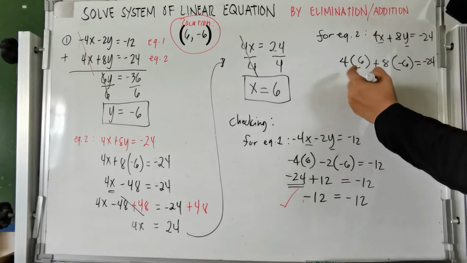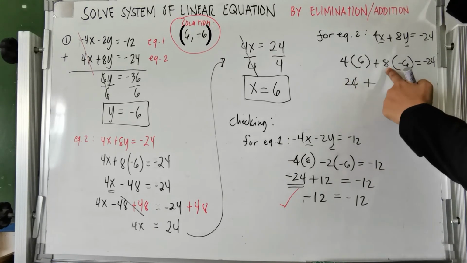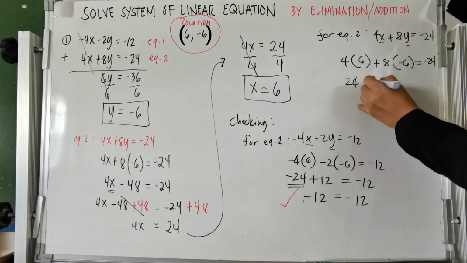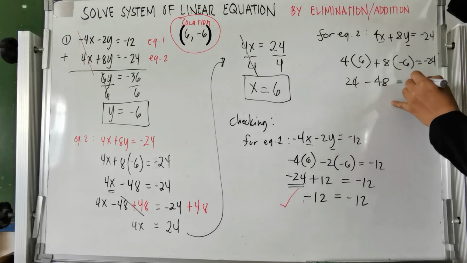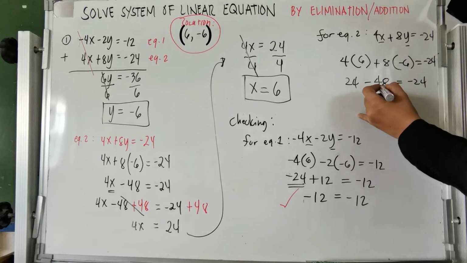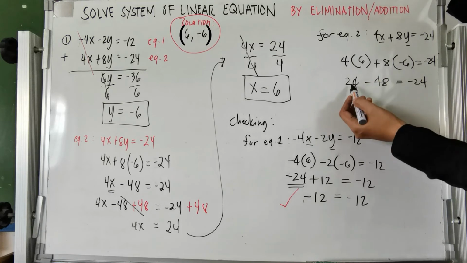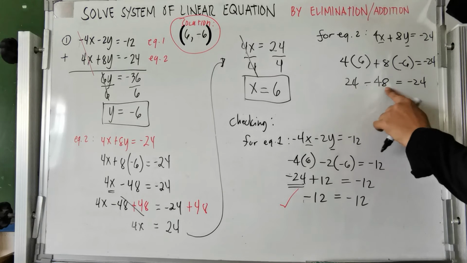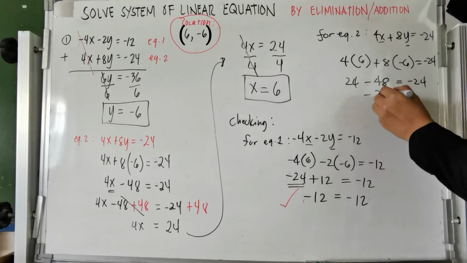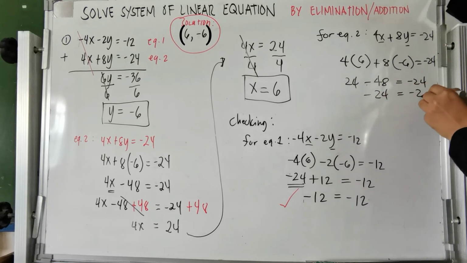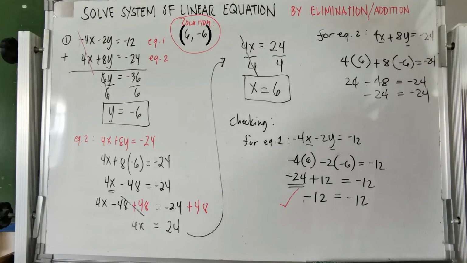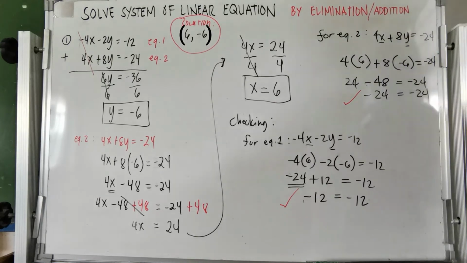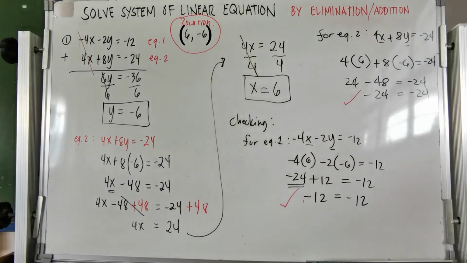Then, 4 times 6 is positive 24. 8 times negative 6, we have negative 48. Magkaiba tayo ng sign, ang ating given ay 24 minus 48. Ibig sabihin, the answer here is negative 24 equals negative 24. Again, nasatisfy natin yung second equation. So, meaning, ang ating solution is correct for number 1.